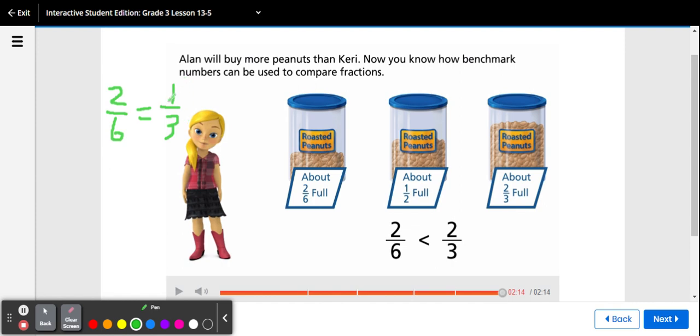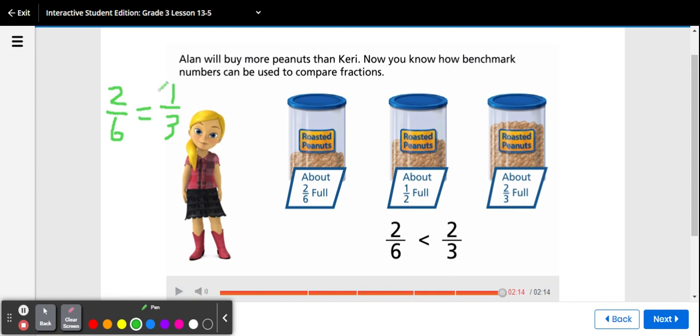If we notice, if I have 2 of these, that's my 2. And then if I have 2 of these, that would give me 6, because 1 plus another 1 is 2, 3 plus another 3 is 6.